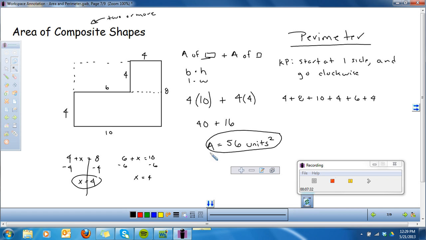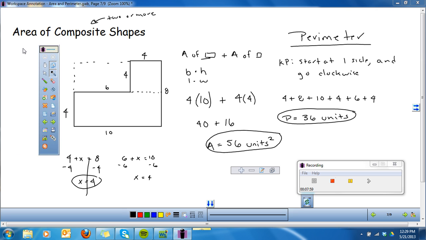So now, to find the perimeter, I'm going to just add those up. The perimeter is going to be equal to 4 plus 8 plus 10 plus 4 plus 6 plus 4, which is 36. And I have no units, so I'm just going to write units. Okay, and there's our area and our perimeter.